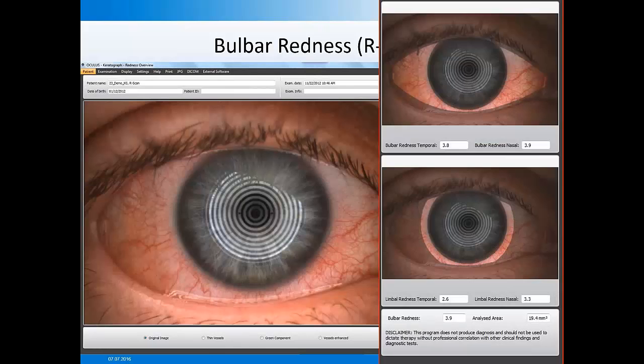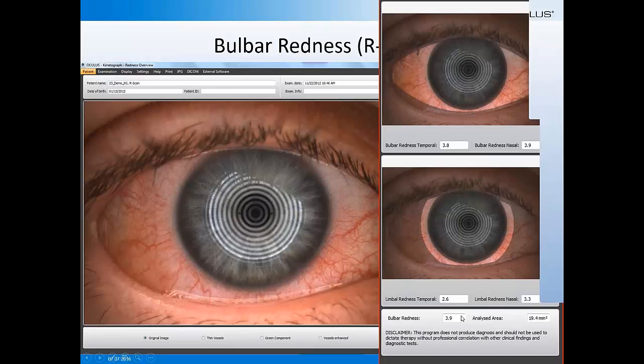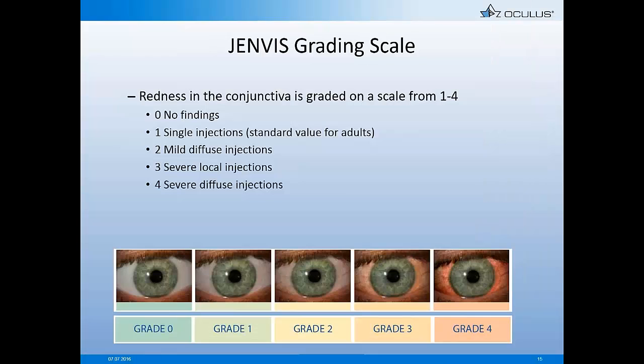As you can see here, this is somebody obviously with some red eyes, and they're very close to a grade 4, grade 3.9. And just to give you an example of what this grading scale looks like, here it is right here. Most adults are a grade 1, and then the grade increases with bulbar hyperemia.